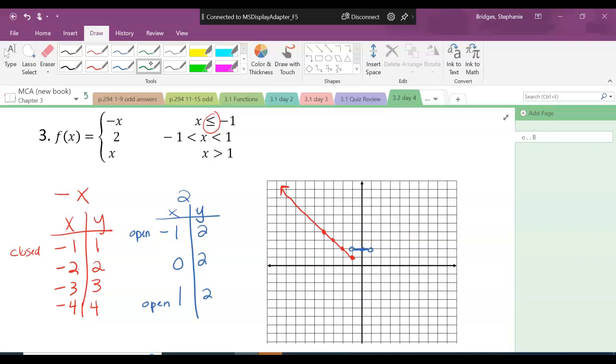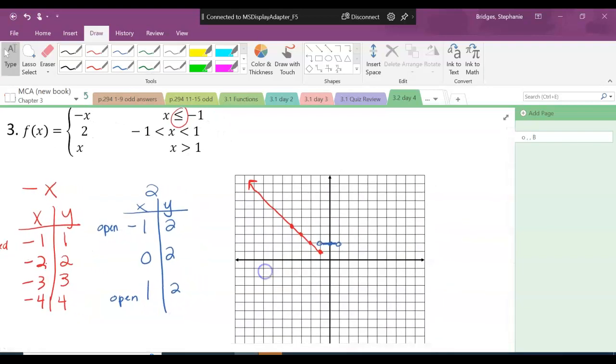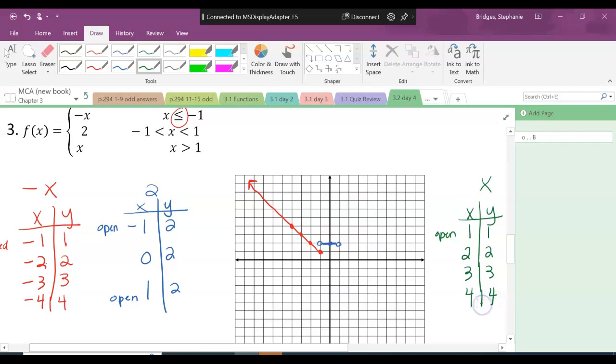And then my last piece of this is x is my function. My inequality says I want to choose numbers that are greater than 1, so I'm going to start with 1. Is it going to be open or closed at 1? Open. And give me a couple of numbers that are greater than 1. 2, 3, and 4. And if I plug those in for x, I just get the same thing, right? Okay.